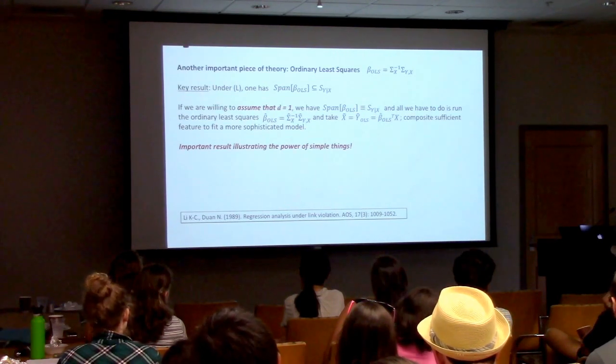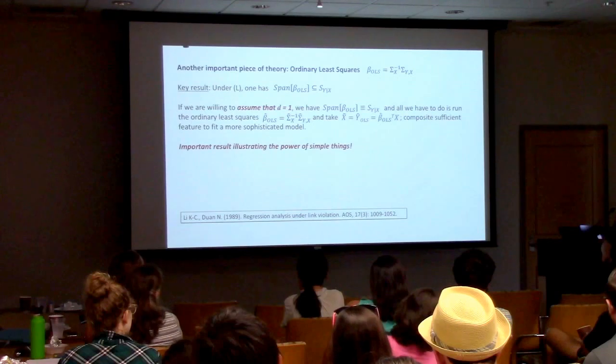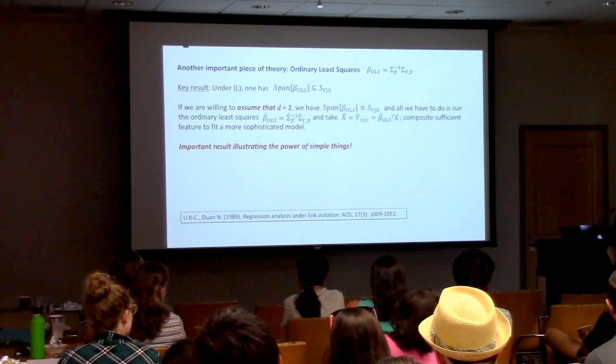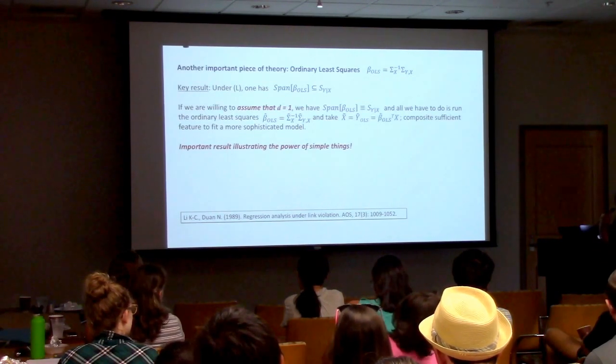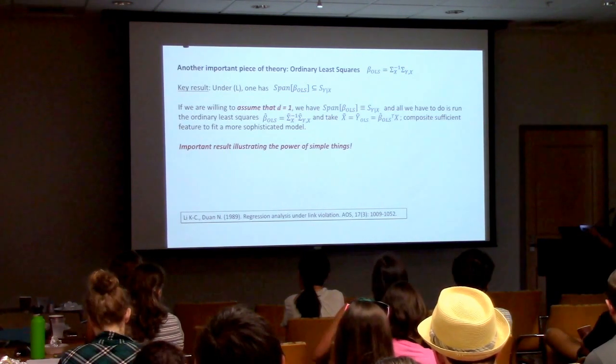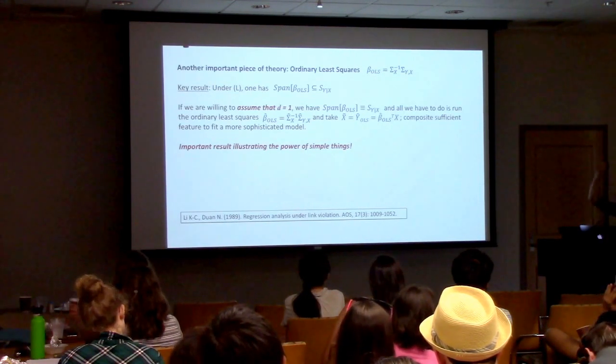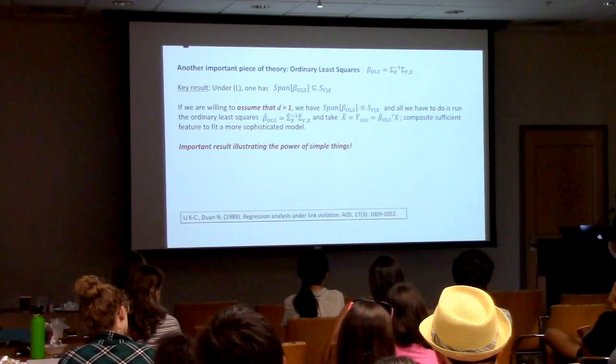If you're willing to say my underlying core is one-dimensional, I don't care, I want one direction, and the X's are nice, or you can transform them to be nice, the OLS is the direction you want. You take that, you make a composite predictor with the fitted value, and then you make a complicated model on top of it. Okay?